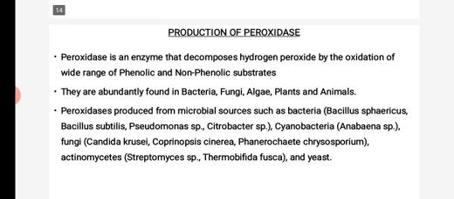Next is the production of peroxidase. Peroxidase is an enzyme that decomposes hydrogen peroxide by the oxidation of a wide range of phenolic and non-phenolic substrates. Peroxidases are abundantly found in bacteria, fungi, algae, plants and animals. Several microorganisms like bacteria, cyanobacteria, fungi, yeast are used for the production of peroxidase.